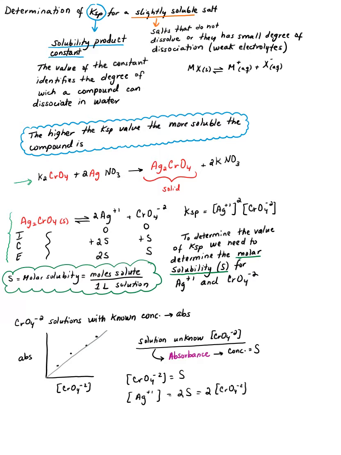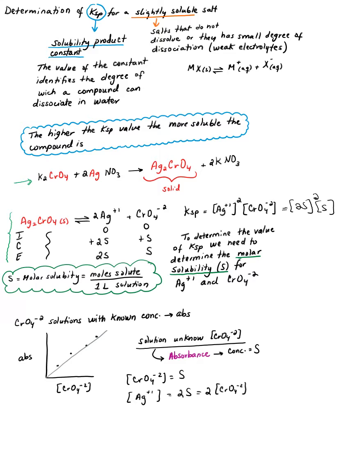So it's 0 plus 2S, that's just 2S, and then you have 0 plus S, which is just S. If you plug in your concentrations at equilibrium into your Ksp expression here, you're replacing the concentration for silver, Ag+, with 2S, and then you have your chromate, which is just S. The square remains there, and then you have just S. So your Ksp here will be equal to 4S cubed.